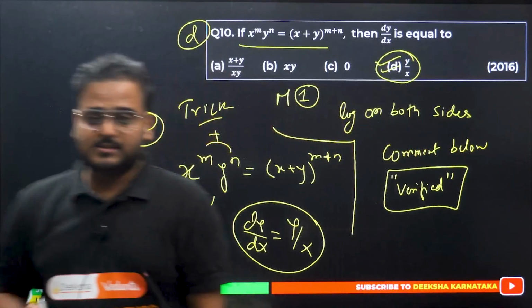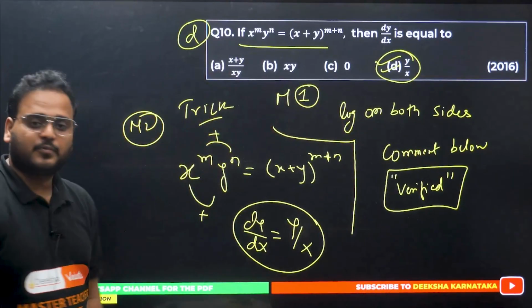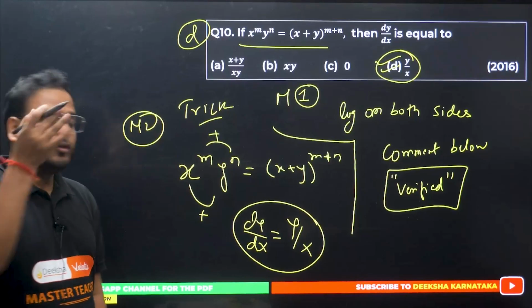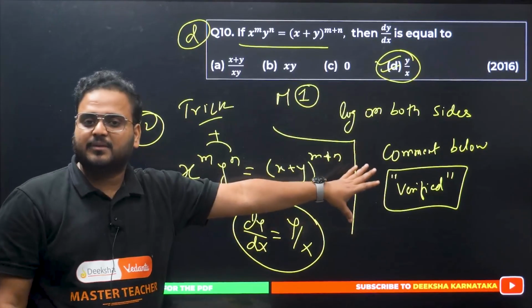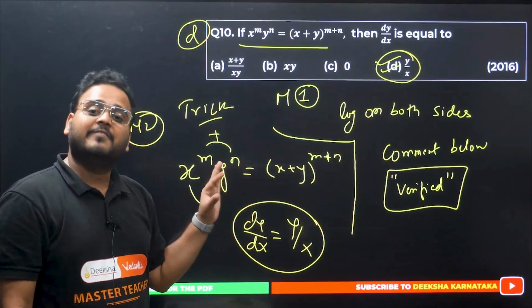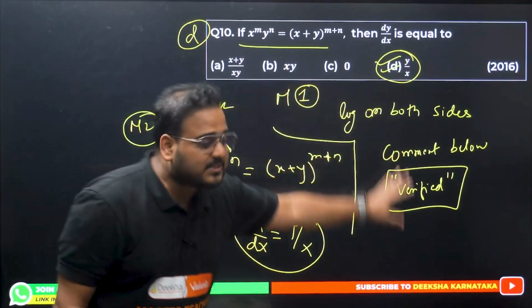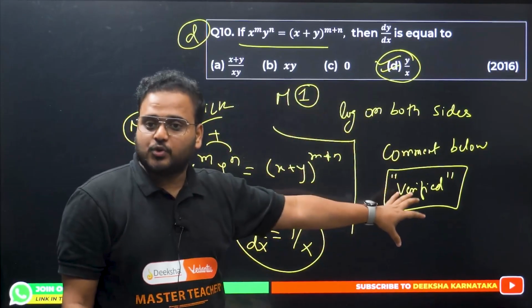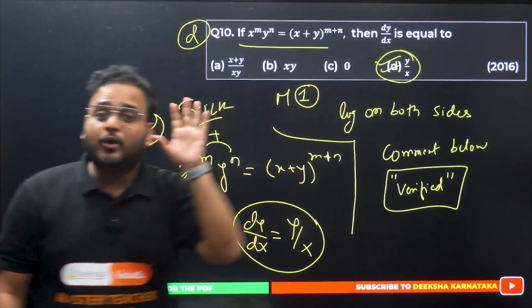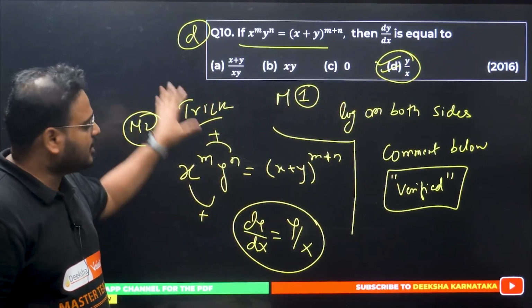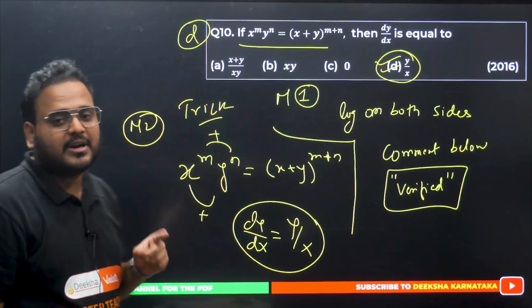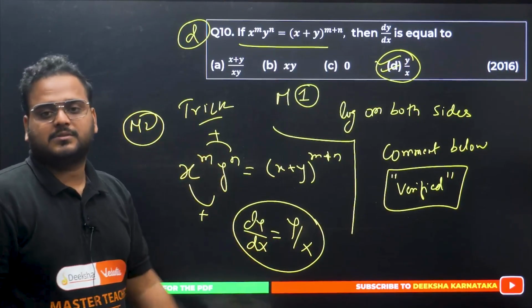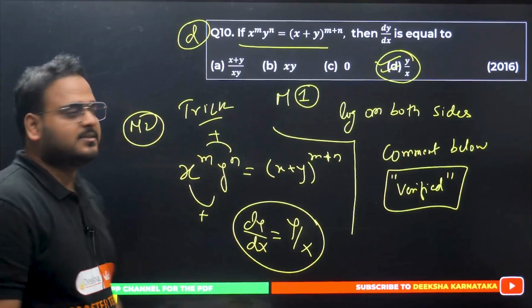Okay, please check once, question number 10, for your own confidence to trust this method. If I give you this method without method number 1, you might not trust it. You might forget it. But if you do method 1, get the same answer, and you want a quicker result, you want to save some time, then you remember the trick. Method 1 is important, but method 2 is much faster. Question number 10 is done.